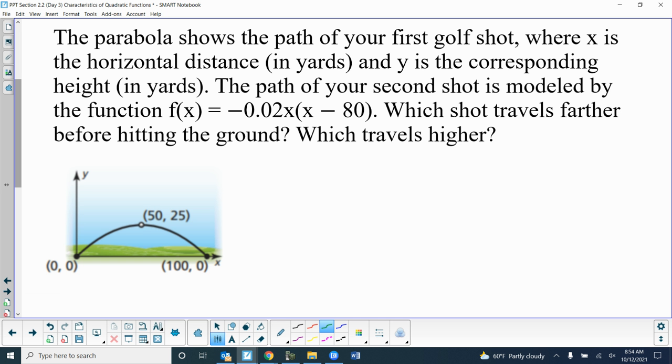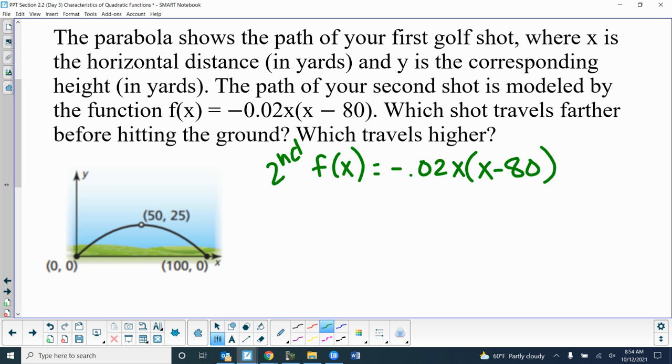So, let's figure out the x-intercepts for this one. This is the second shot, right? What do we do to find the x-intercepts?